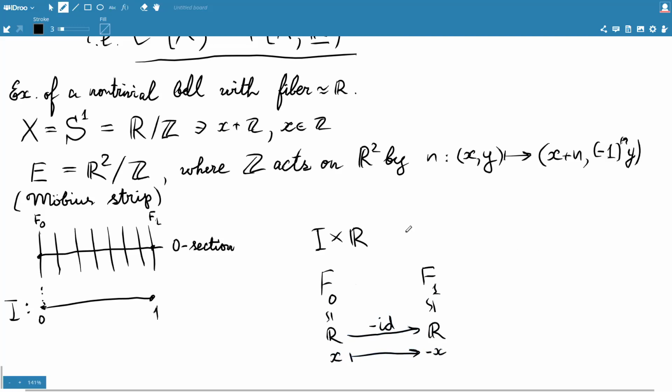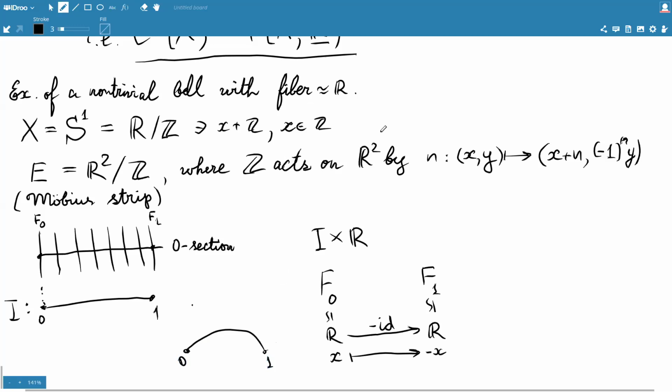So if you look at this trivial bundle and now try to identify two points in the base, the manifold X in this case is called the base manifold.